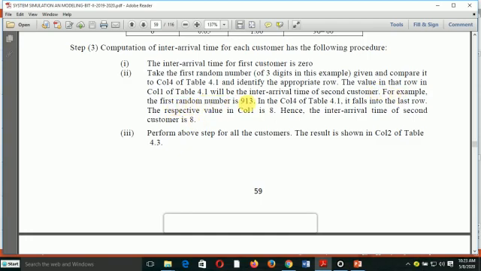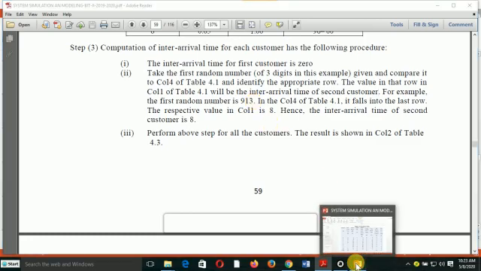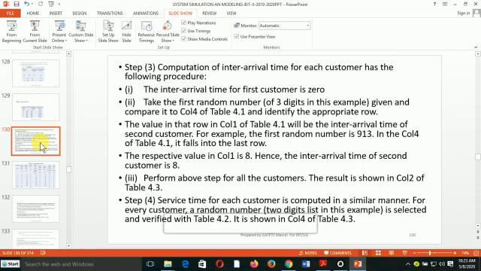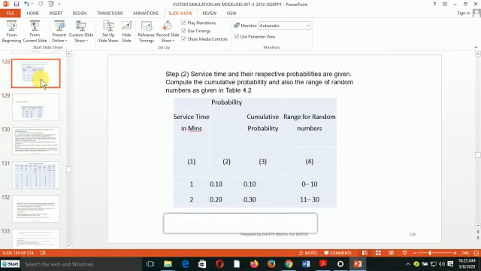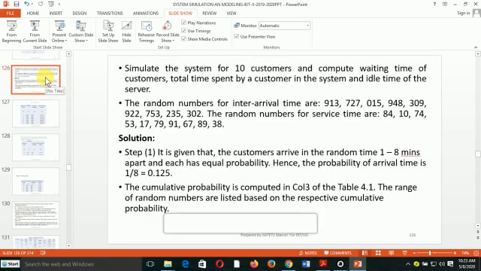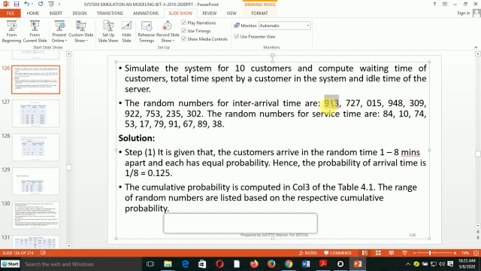The first random number is 913. We are going to compute the inter-arrival time.